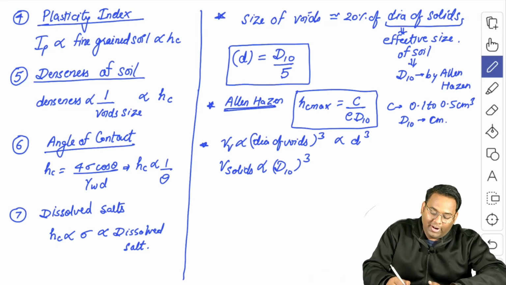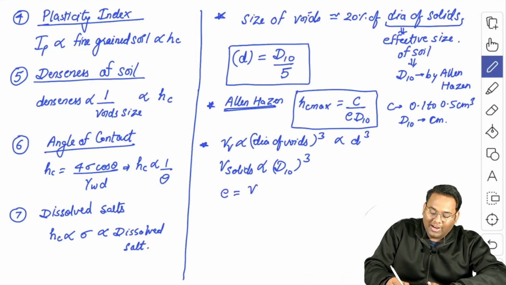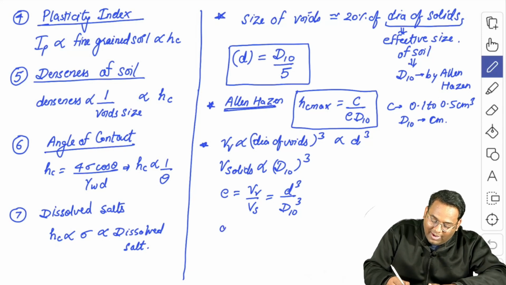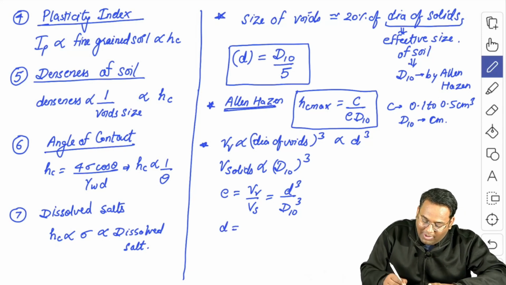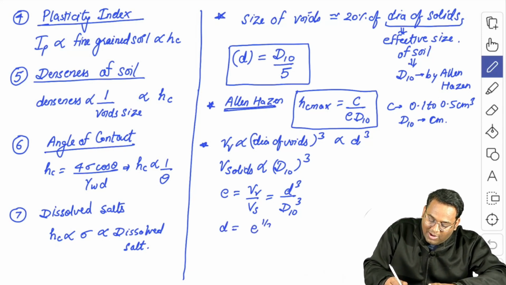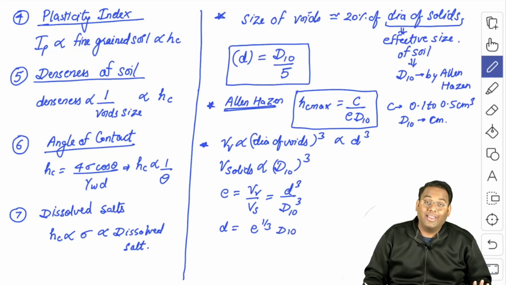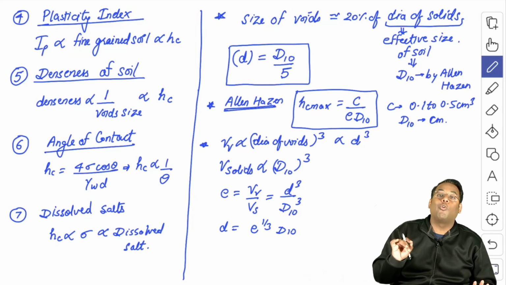Now, as you already know, void ratio is the volume of voids to the volume of solids. So this can be written as d cube upon D10 cube. Yes or no? And from here you can say that small d will be e raised to power 1 by 3 into D10. So this is a relation for the size or the diameter of the voids.